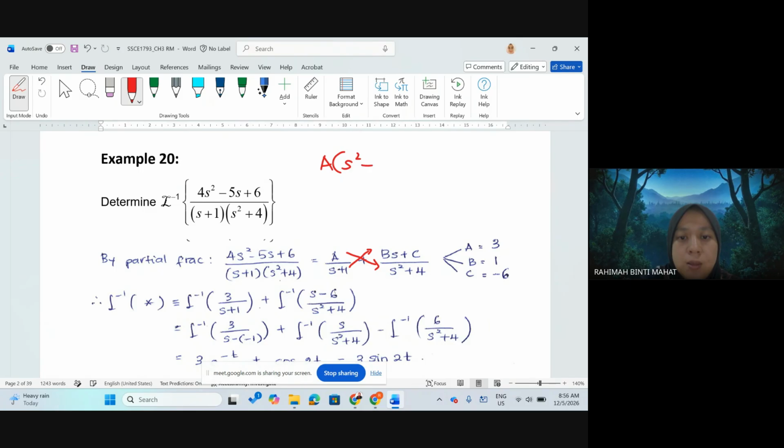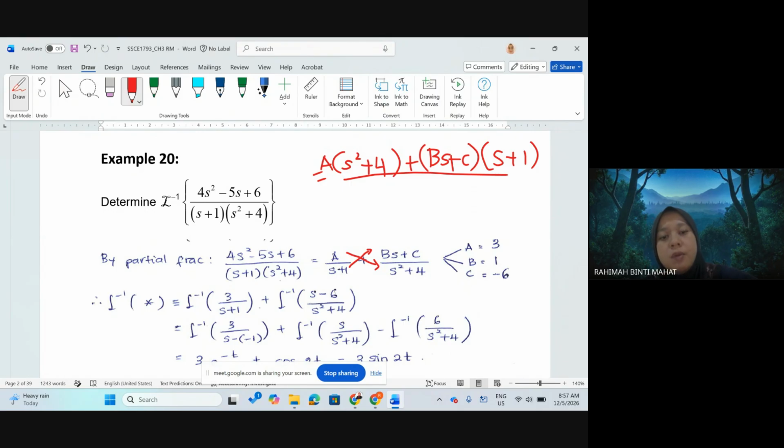So you will get A(s square plus 4) plus (Bs plus C) times (s plus 1) over the denominator, and this is equal to 4s square minus 5s plus 6.